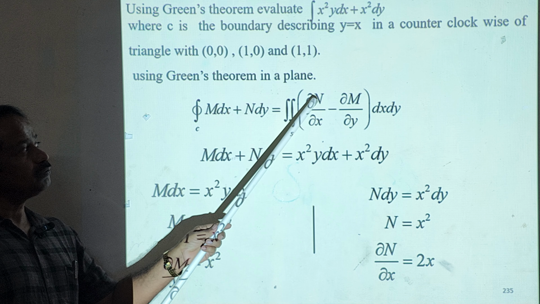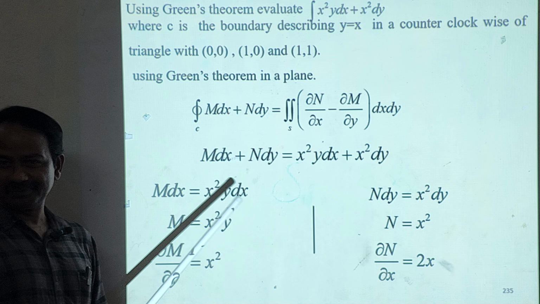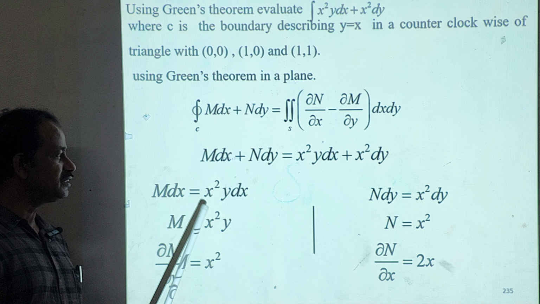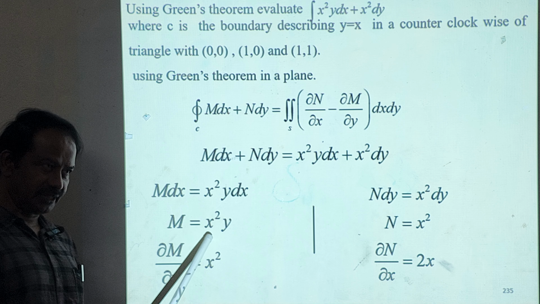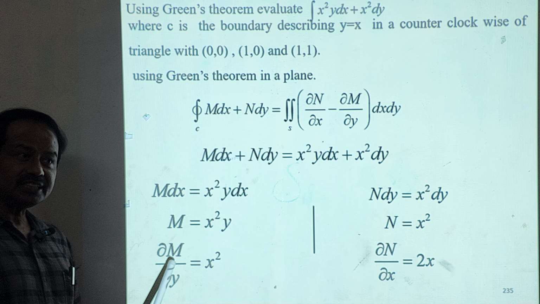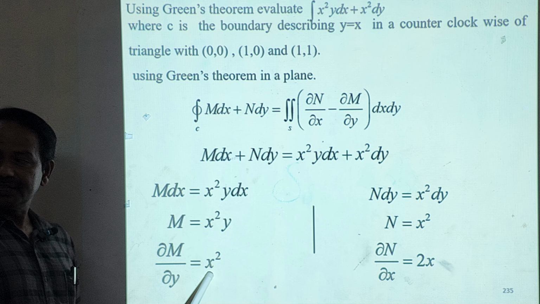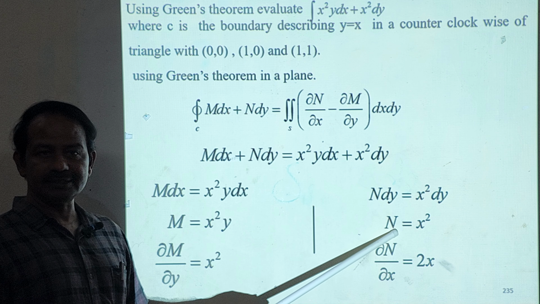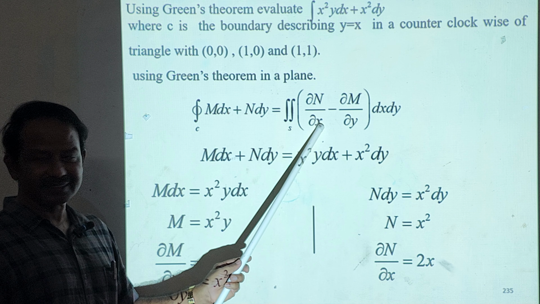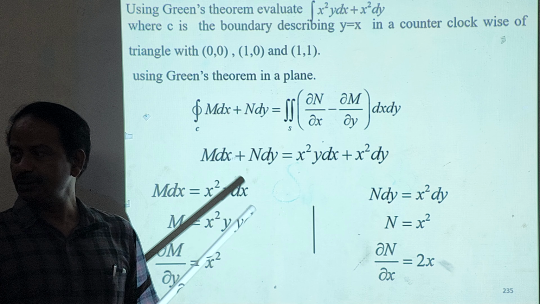We need to have dn by dx and dm by dy. m is given as x squared y. Differentiating with respect to y will give you x squared. Here n dy equals x squared dy, so n equals x squared, differentiating with respect to x, we will get 2x.